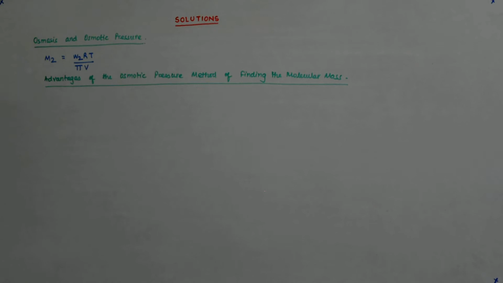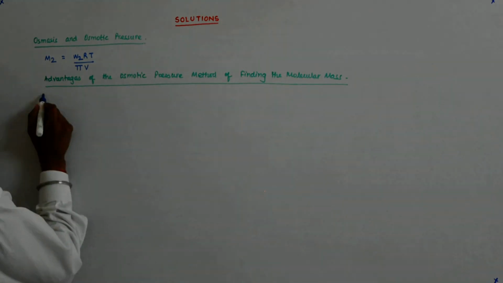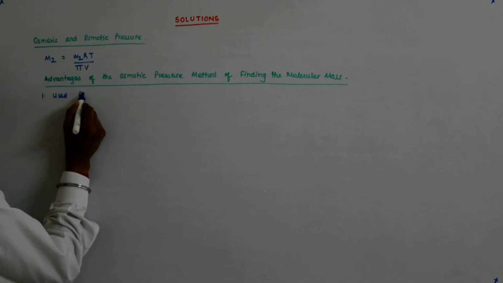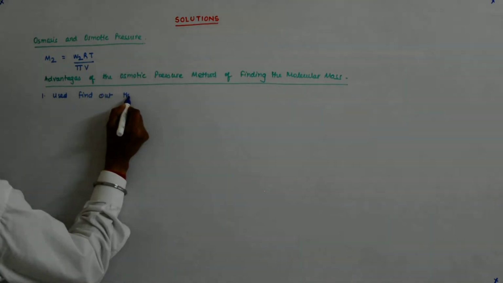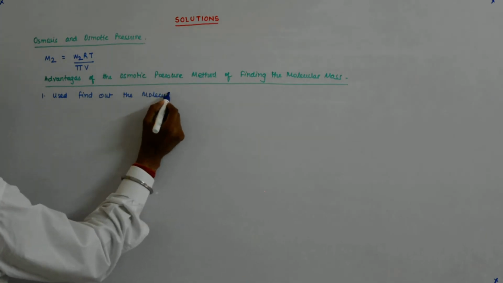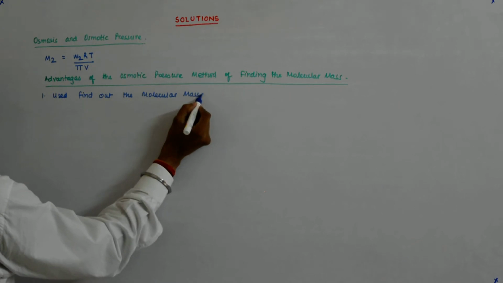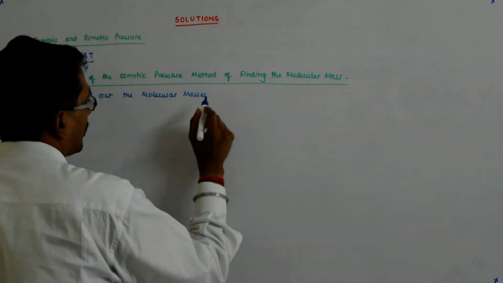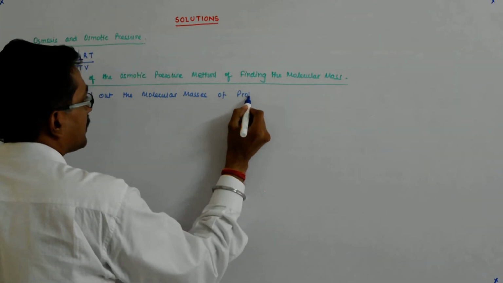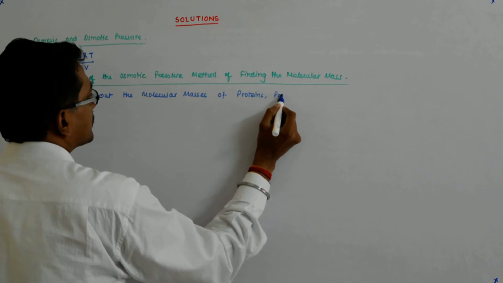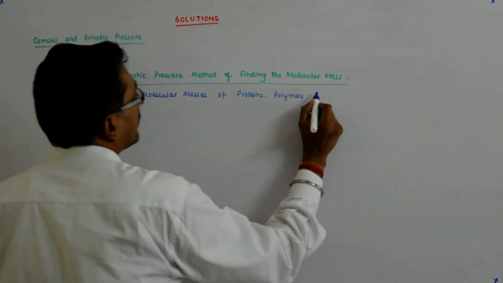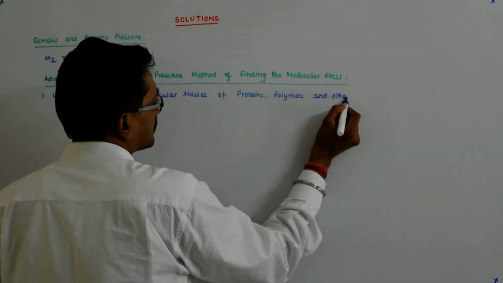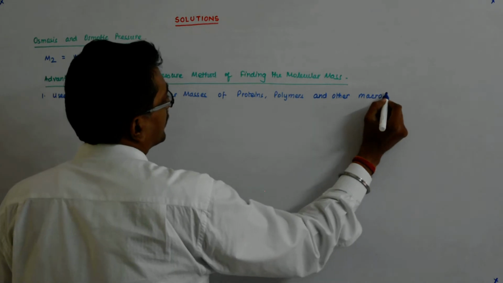The first is that it is used to find out the molecular masses of proteins, polymers, and other macromolecules.